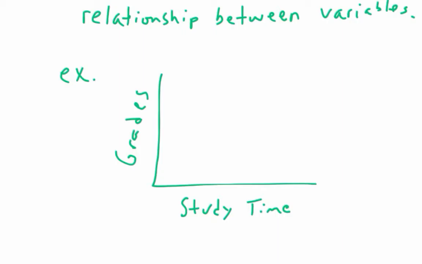So we should have a pattern where people that don't study, the grade numbers are going to be a little lower. People that have more study time, the grades are going to be higher. But you get some people that are smart. So say you have somebody who doesn't study very much, and then say my two dots over here, focus, this dot and this dot, do you agree they both studied about the same amount of time, about that much? But one person is going to do better than the other.